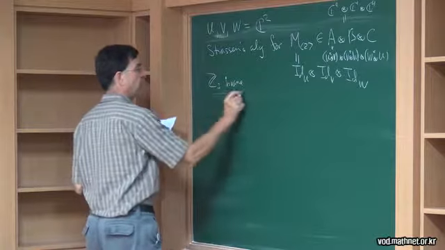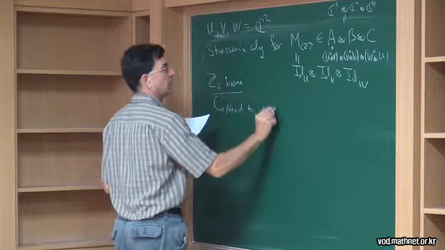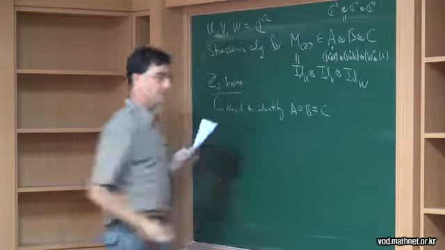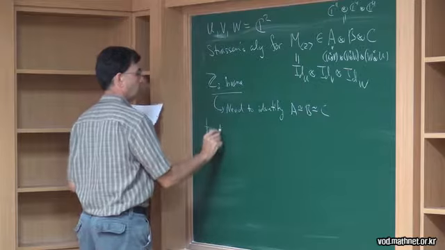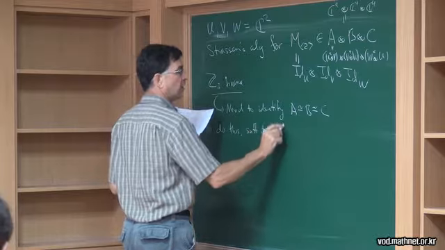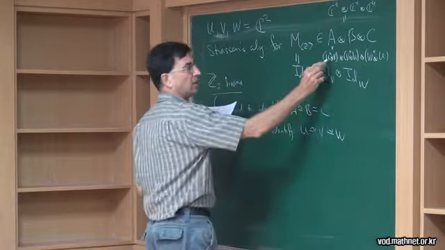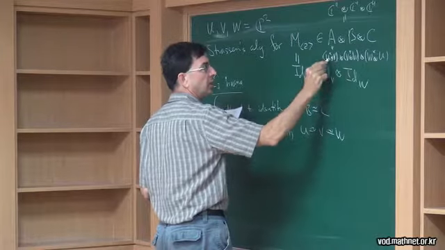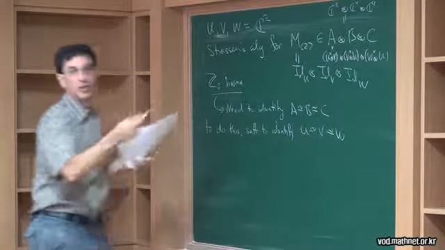To talk about Z3 invariance, we need to identify A with B with C. And to do this, it's sufficient to identify U with V with W, because if this is linear maps from U to V, and I identify U and V, this becomes linear maps from U to U, and this will also be linear maps from U to U, and this will also be linear maps from U to U. That'll give me the identity.